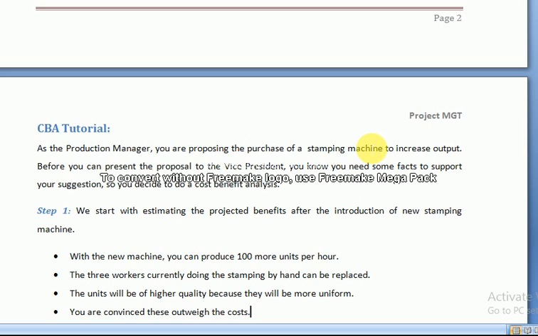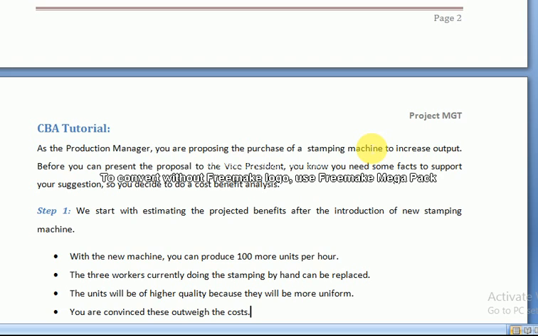Now, how will you convince your president or your upper level manager to take the decision of replacing the old machinery with the new? For that purpose, you need to convince the upper level management with facts and figures, so you make the CBA analysis.